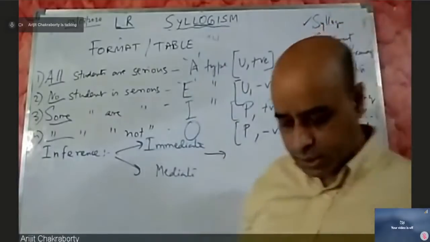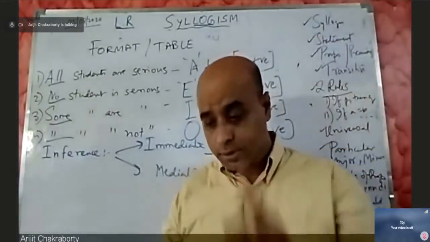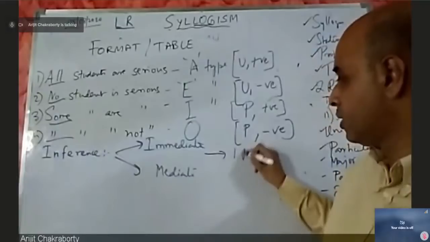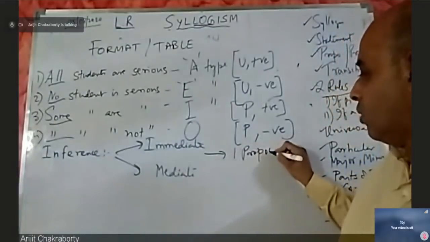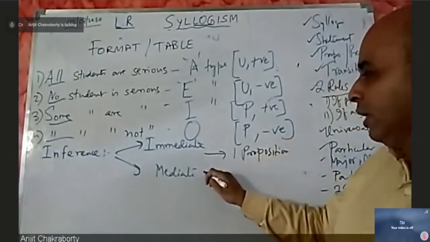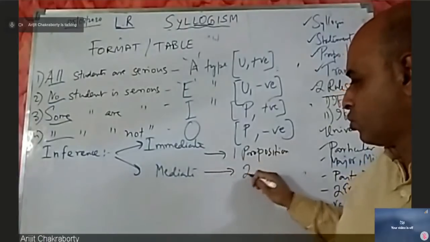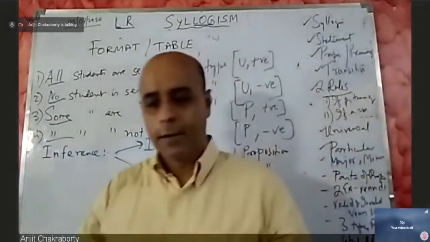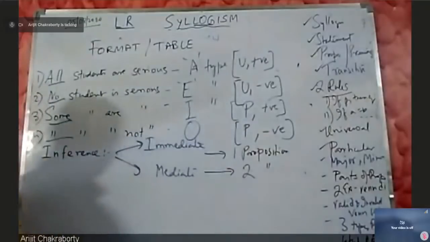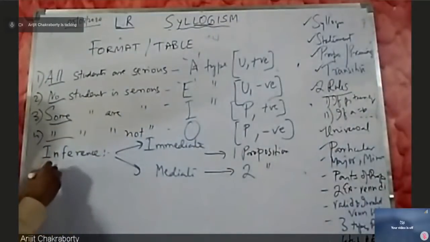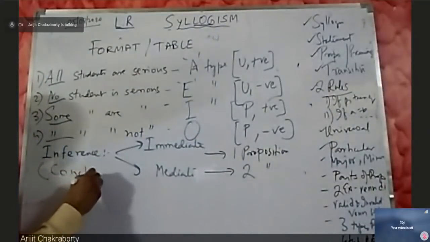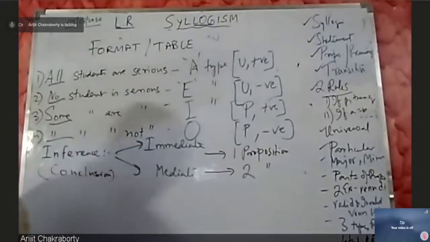Immediate actually means when you have one observation, one proposition, and you need to conclude on that. Mediate means when you have two propositions. Please listen carefully. So we are looking at inference. The word inference means conclusion. Okay, please keep a note of all this.